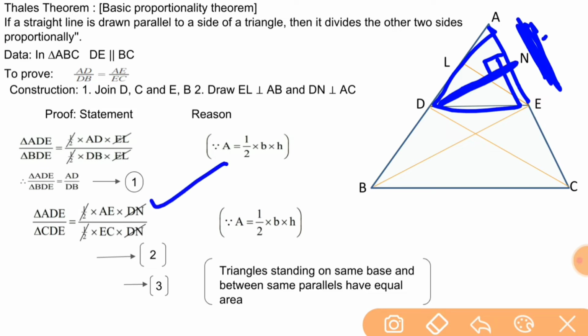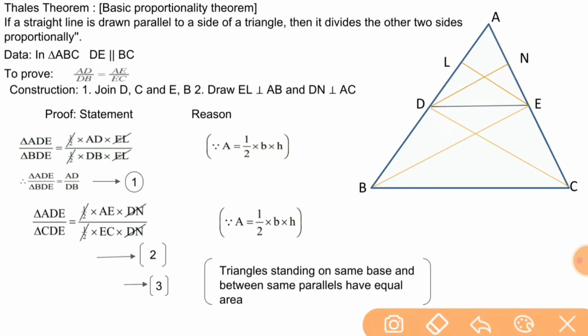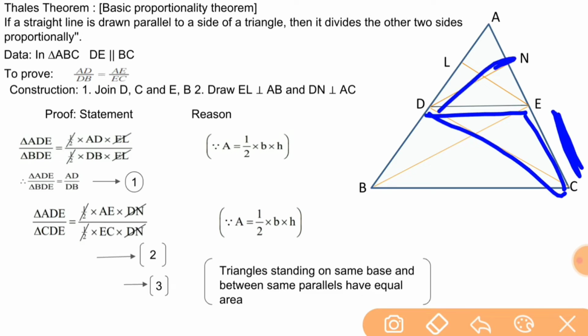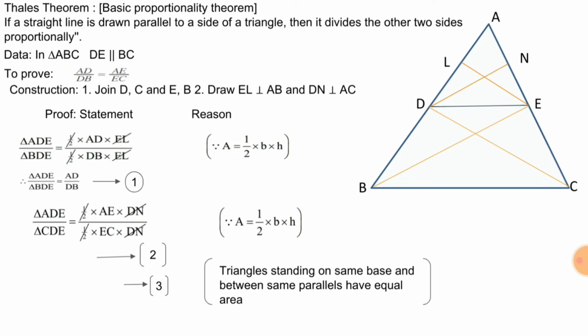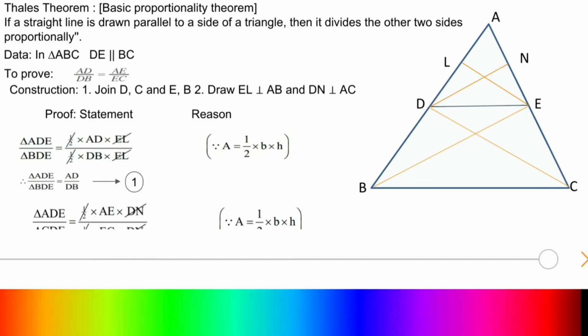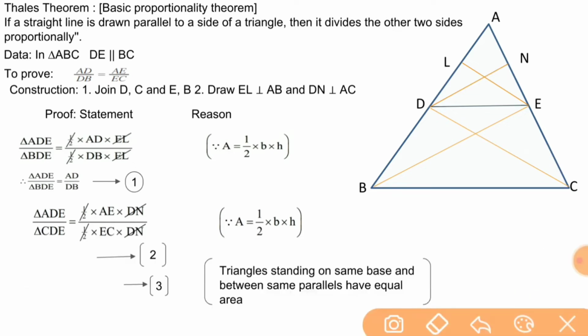So here we have written it in the numerator. In the denominator we have taken the triangle DEC. Again the same thing, the base will be EC and the height will be DN. Already I have told you that in the case of an obtuse angle triangle, that is DEC, the height is outside the triangle.